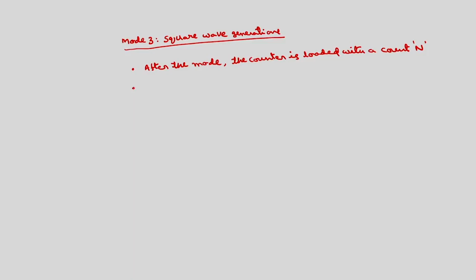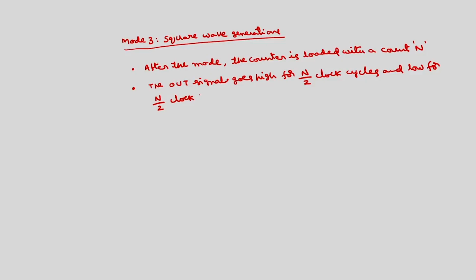Then once the count is loaded into this counter, the out signal of this particular counter, a counter has one out signal, goes high for n by 2 clock cycles and low for the remaining n by 2 clock cycles, and the same process repeats.